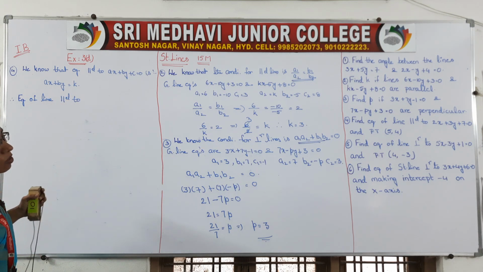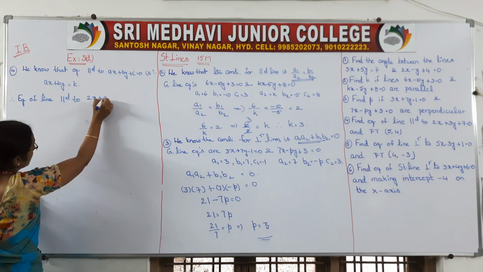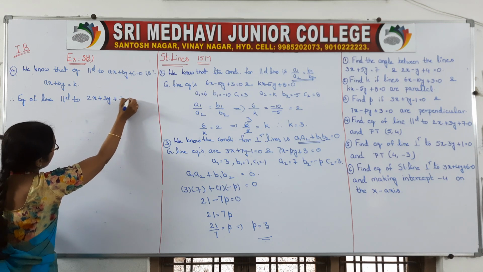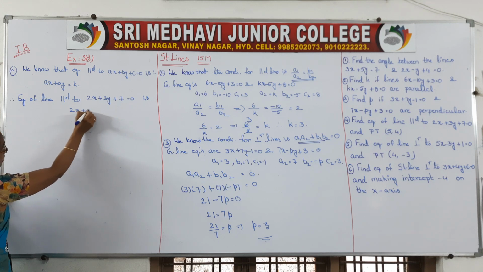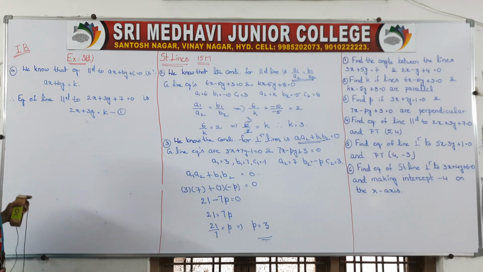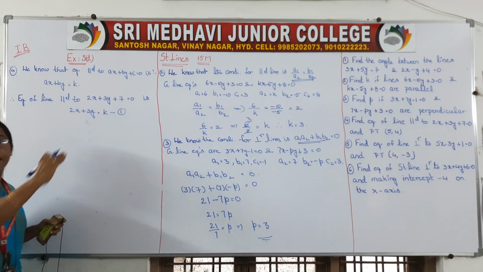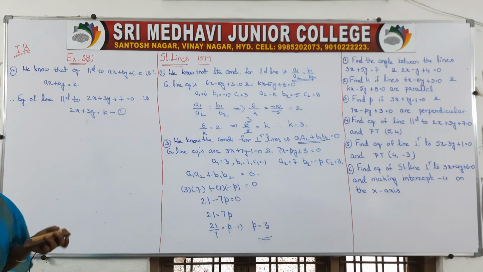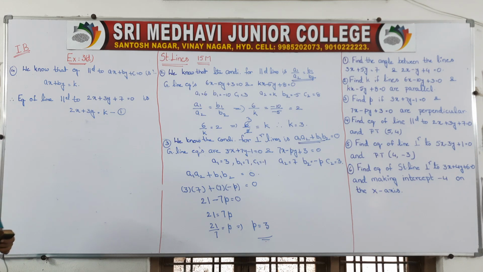It is given in the question: 2x plus 3y plus 7 is equal to 0. So it is 2x plus 3y is equal to k. These two are parallel lines. X coefficient and y coefficient will be same, only constant will be different. Not only in intermediate, anywhere, even in degree, engineering also, parallel lines means x and y coefficients will be same, only constant will be different.